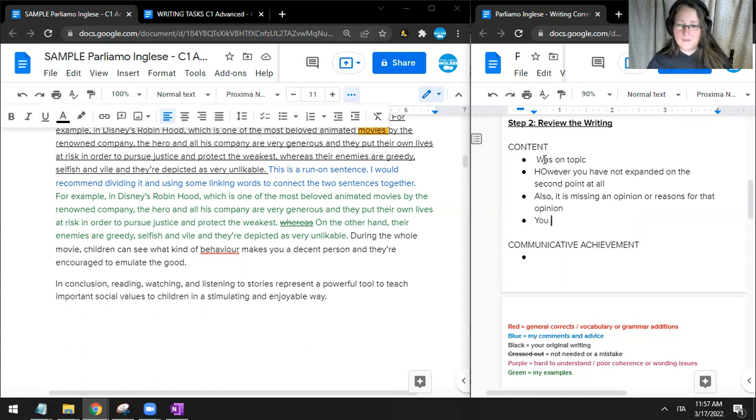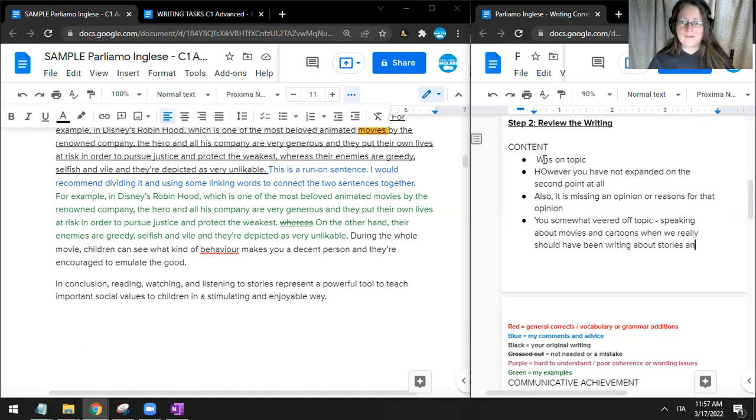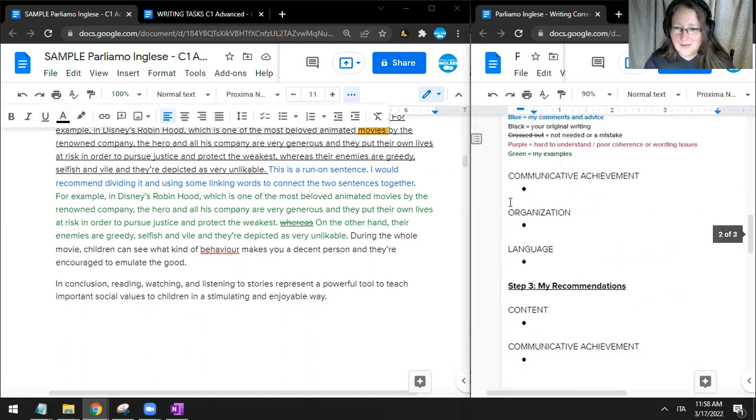Also, you somewhat veered off topic, speaking about movies and cartoons when we really should have been writing about stories and books and potentially storytelling, like sitting around the campfire telling stories, that sort of thing.